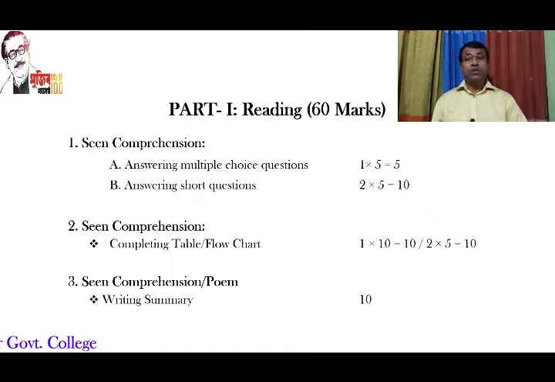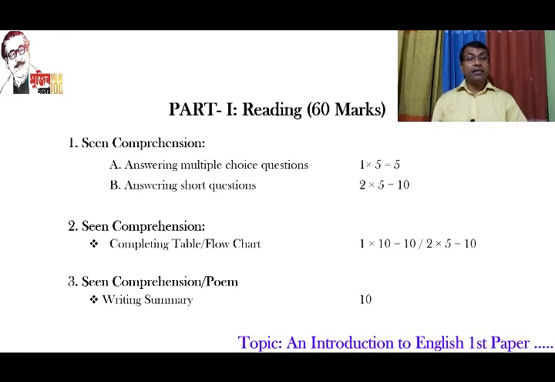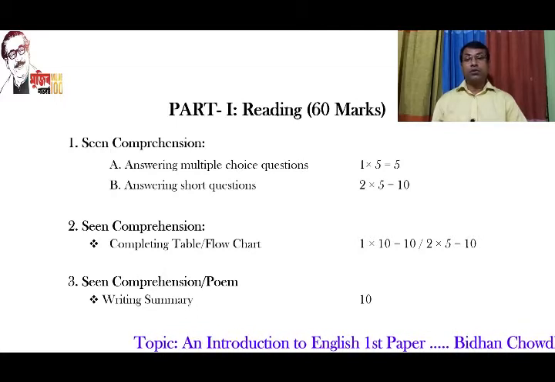So dear students, in seen comprehension number 1, that means in question number 1, we will have 15 marks in total. And again, my dear students, I would like to remind you this comprehension will be selected from the textbook that is prescribed by the board.